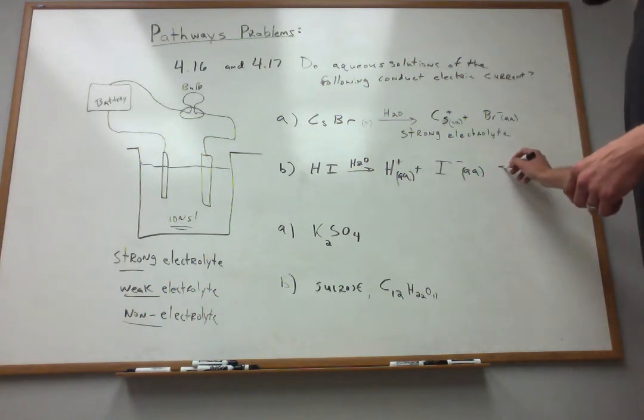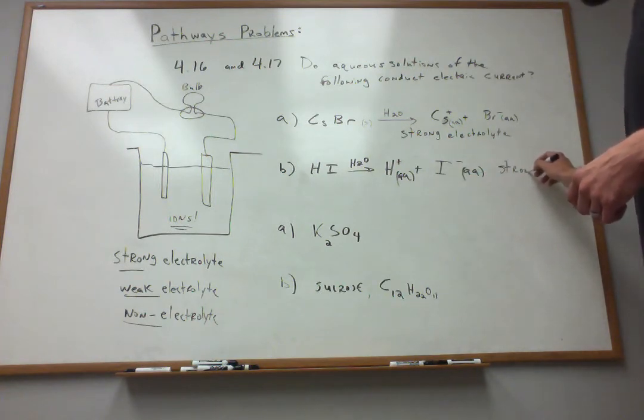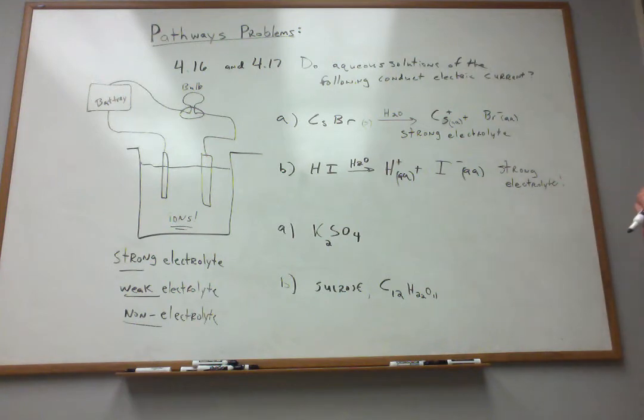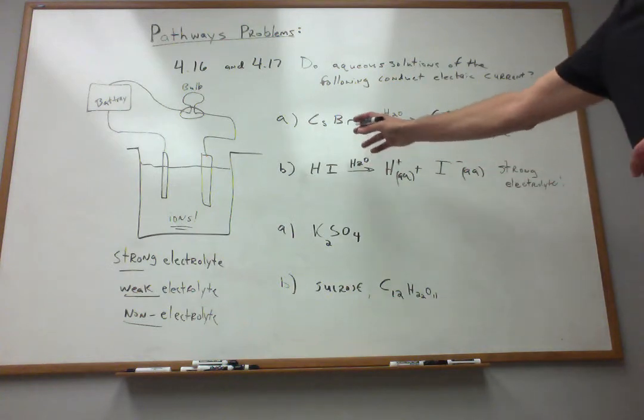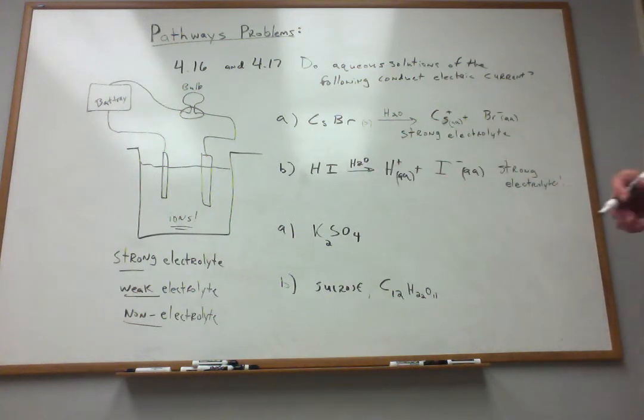This is also an example of a way that I can get to ions in solution, also an example of a strong electrolyte. Any route to making a large concentration of ions in solution means the solution will conduct, and that material is said to be a strong electrolyte. Moving on to the next one.